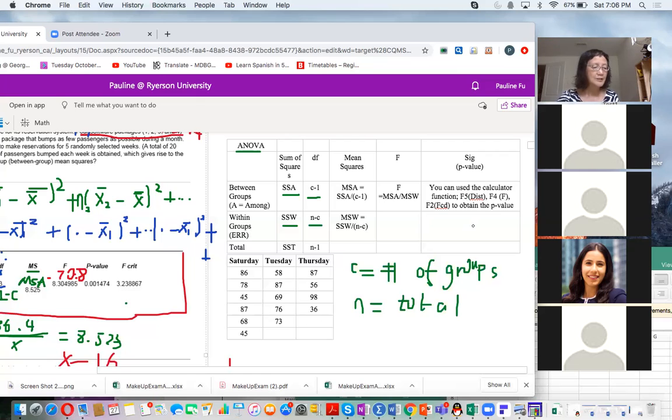And to get the test statistic, you use F3 test, and then F4, F test.